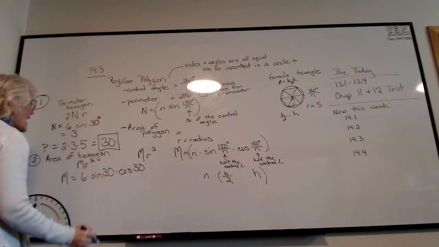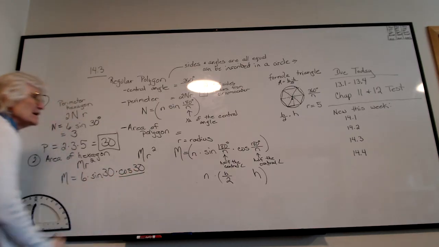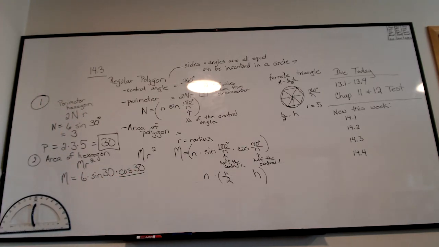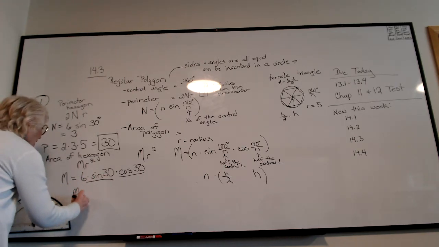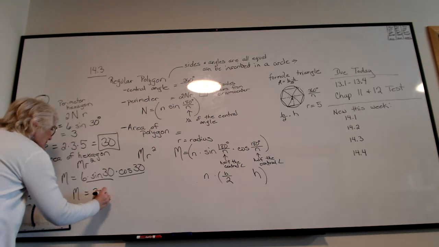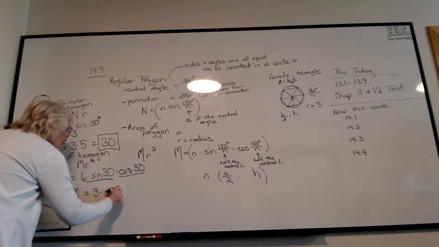So all you're adding for area is the cosine part. Notice that this is already figured out. We know it's 3. I don't have to recalculate, so m is equal to 3 times the cosine of 30 degrees.